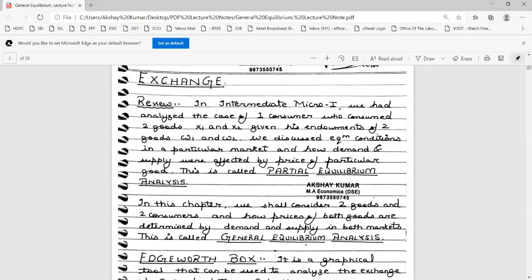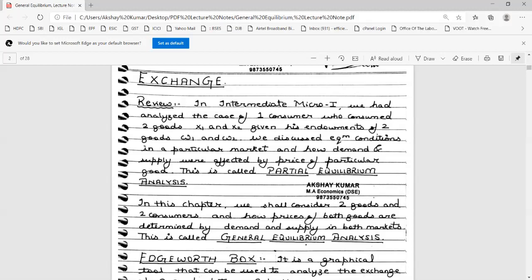When there was only one consumer and two goods, our diagram used to be a two-dimensional diagram, and we used to draw indifference curves and budget lines, if you remember. But now in general equilibrium analysis, the tool we use is called the Edgeworth box. This will actually help us in understanding the concept of exchange.